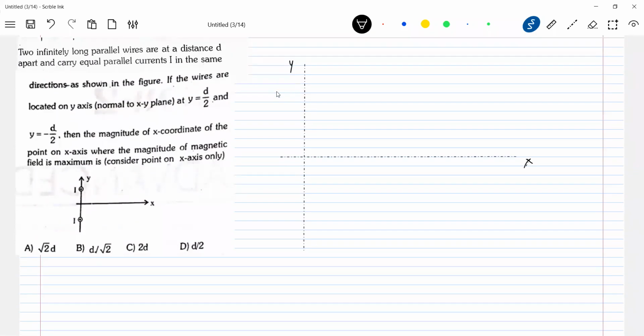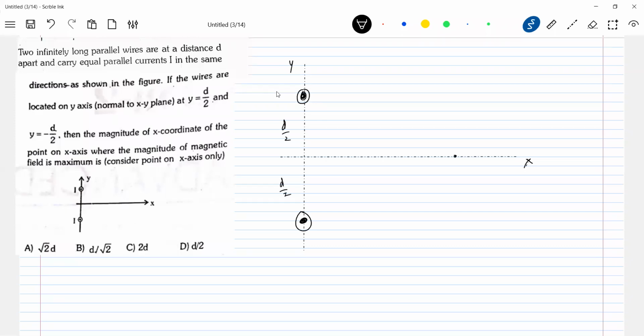Now there is one wire here. Both carry current in the same direction. So another wire. D by 2, D by 2. So let me choose a point P here.